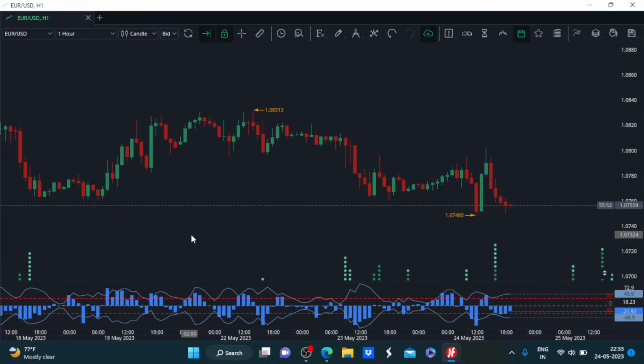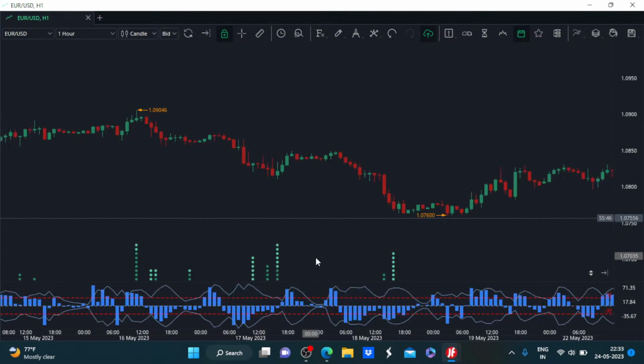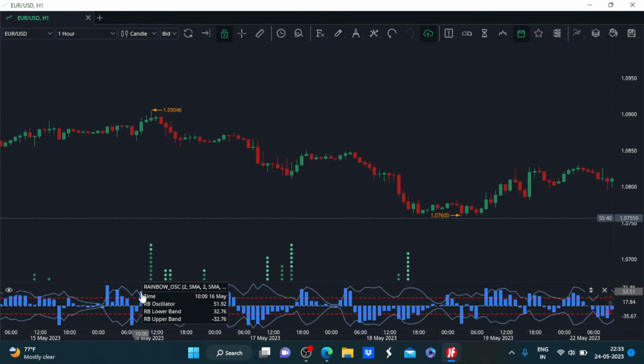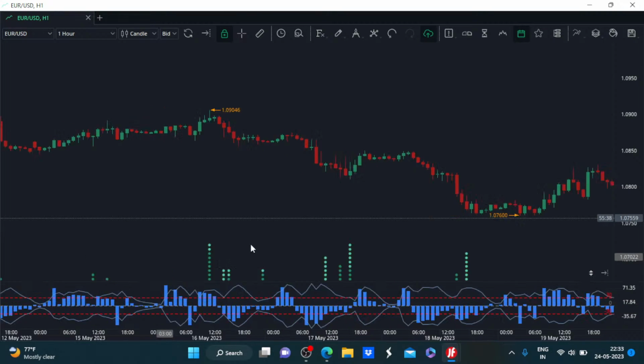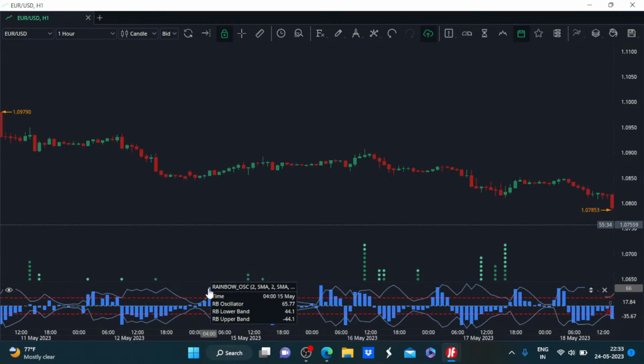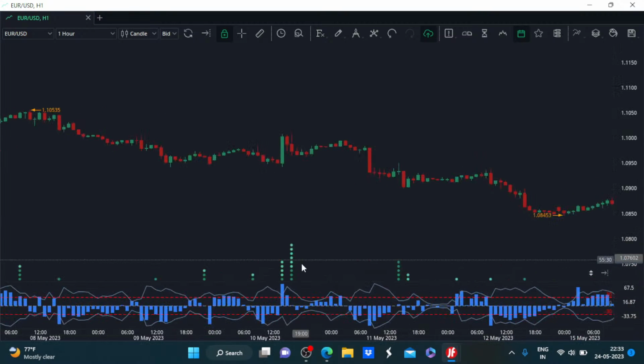Let me figure out some examples where we had the extreme levels reached for this oscillator. Here also it is at 76, minus 73, minus 73 again, 65, minus 71, 78, pretty close, not 80 though.